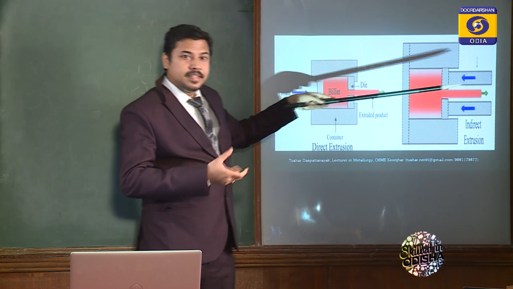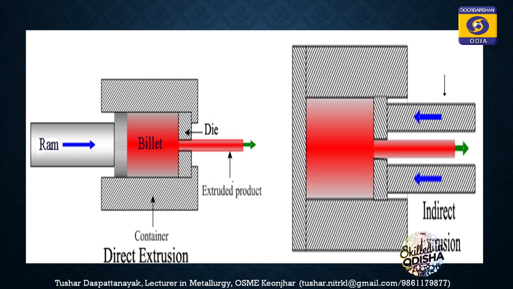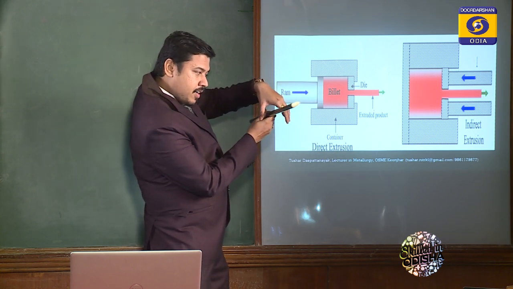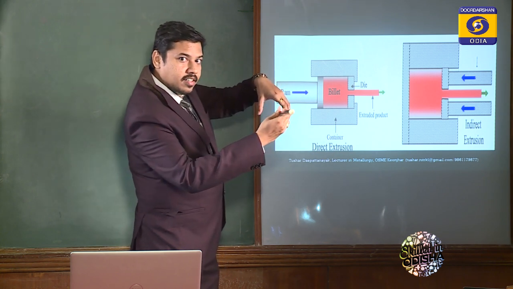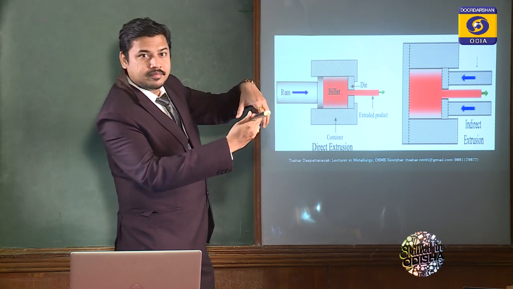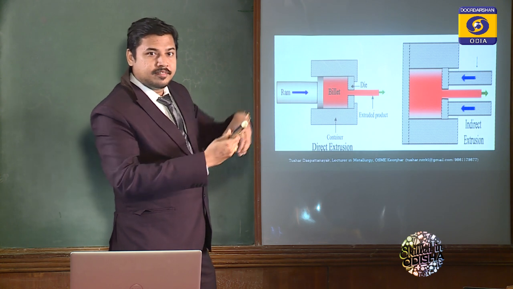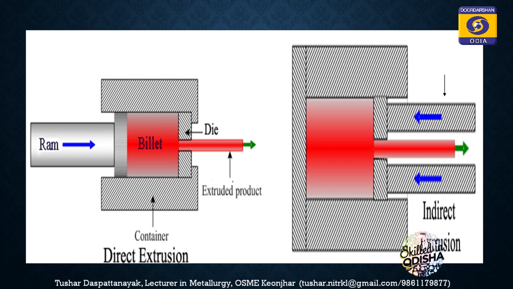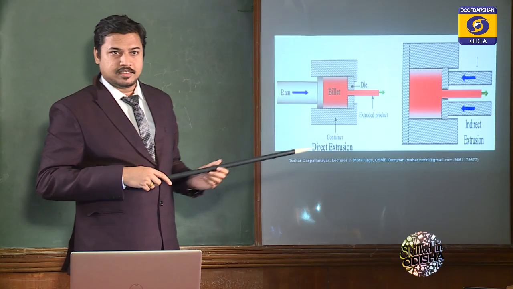That means we have to use a hollow ram, so that when I'm pushing the metal, the product will come out through the hollow ram. Can you get the difference? This is the major difference. Force and extrusion product in the same direction, direct extrusion. Force and the product in the opposite direction, that is indirect extrusion.